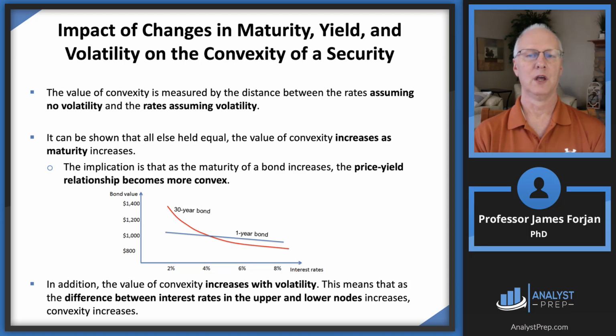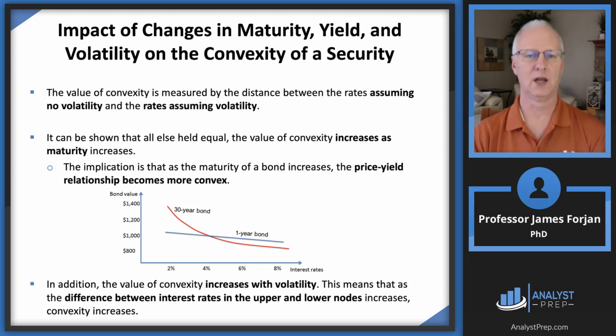And of course, the standard kind of presentation is to say, let's look at a 1 year bond and let's draw the relationship between yield and bond prices on the vertical axis. And a 1 year bond is almost a straight line. I mean, it looks like a straight line.